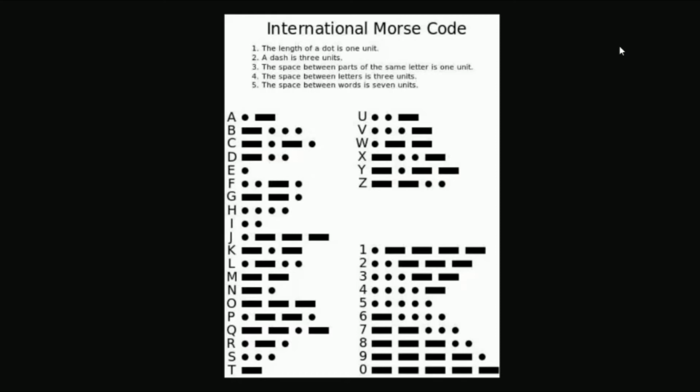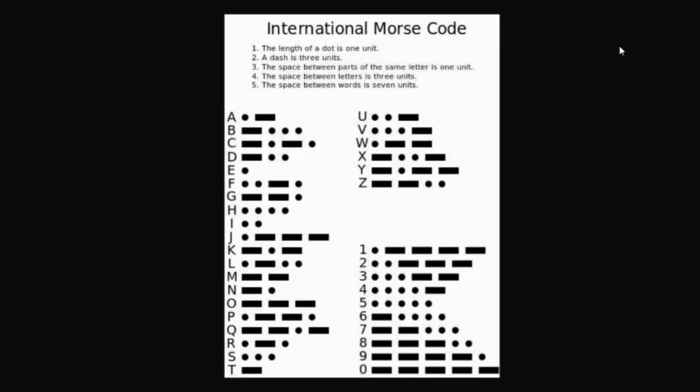So it would be LED on for 1 second because of rule 1, LED off for 1 second because of rule 3, LED on for 3 seconds because of rule 2, and then just turn the LED off after that to signal the end of that letter.